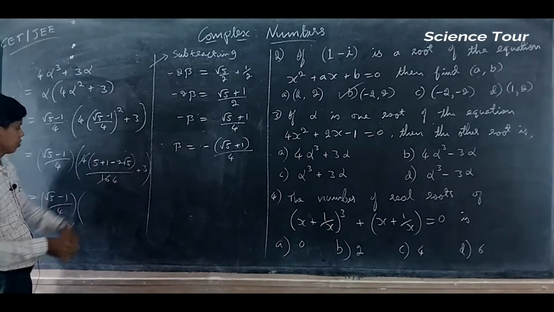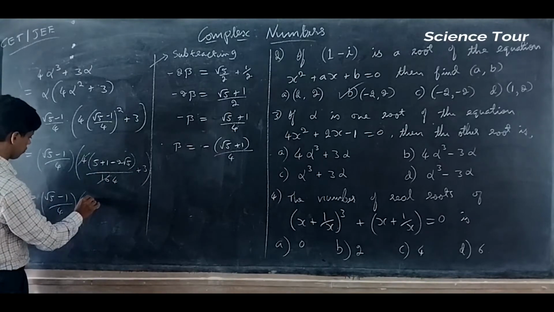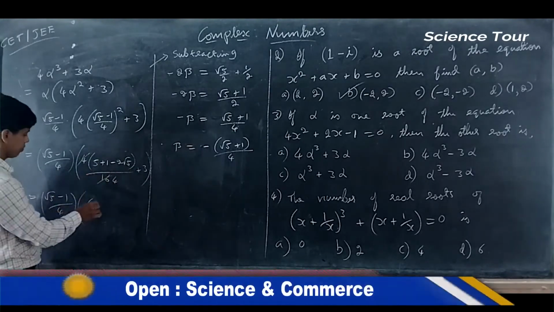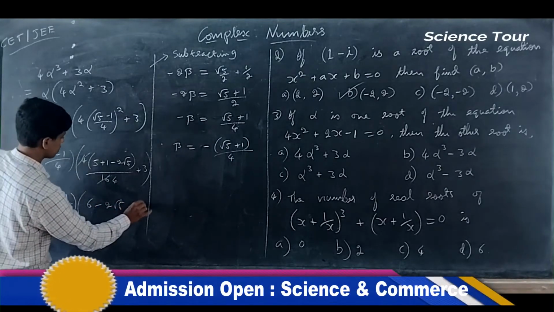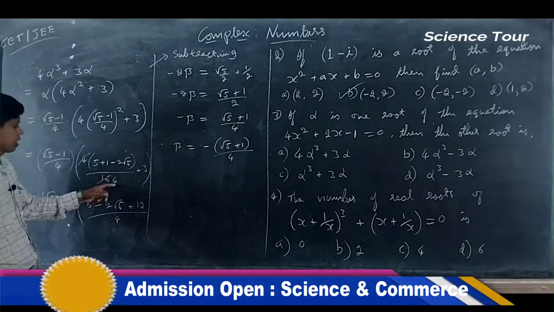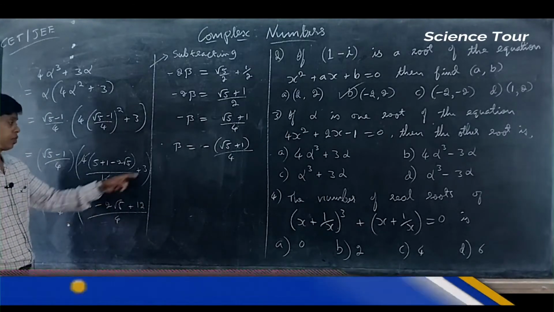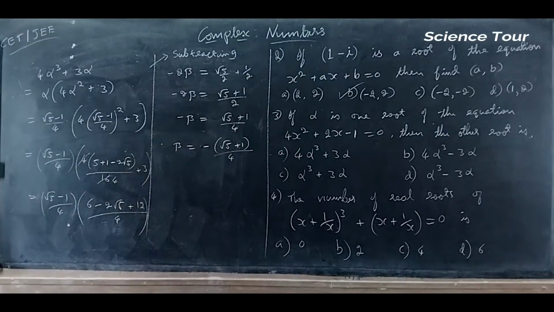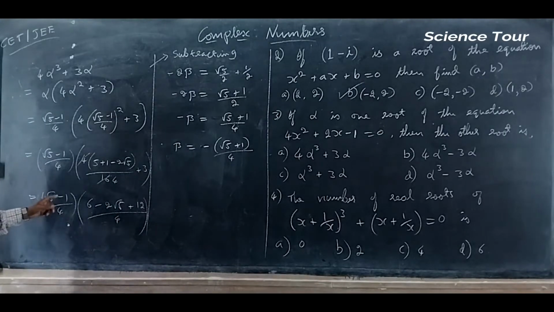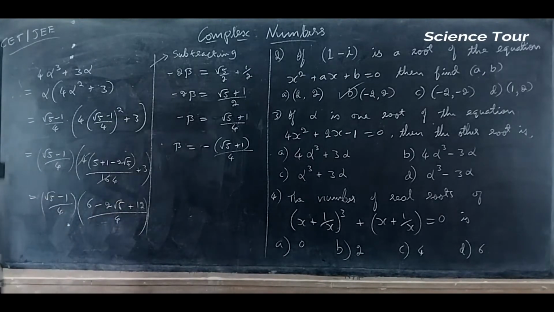If you take LCM, that will be 12, correct. So 6 plus 5 plus 1 minus 2 root 5, and plus 12, divided by 4. I have taken LCM 4, that means 4 must be multiplied there. Yes. So now what we can do is 6 plus 12 is 18. Yes, I'll write it here.